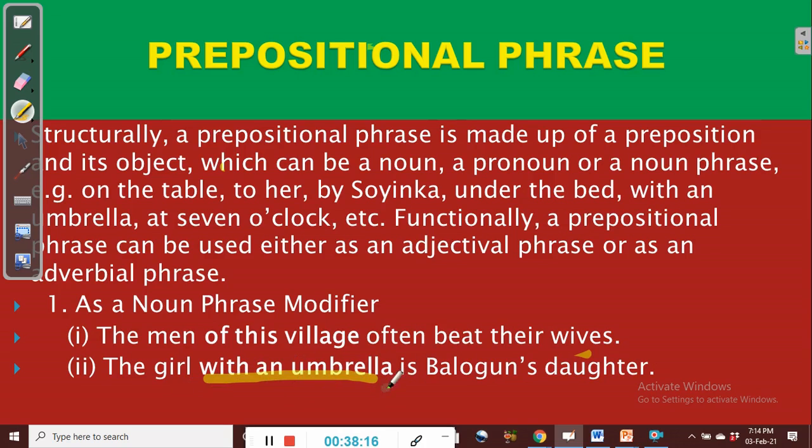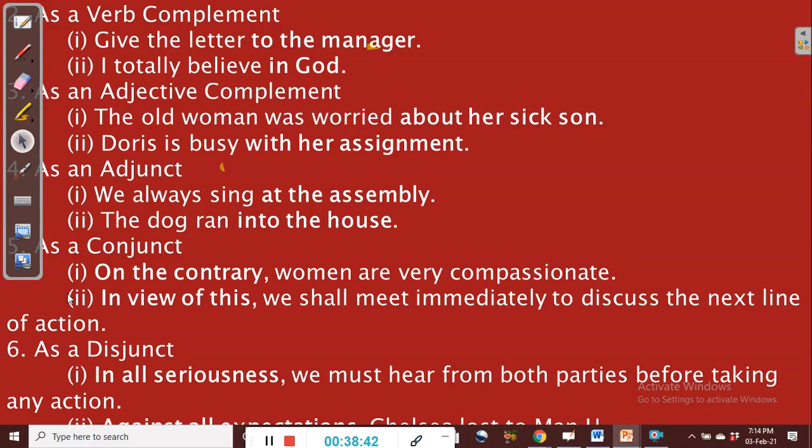So with an umbrella is a prepositional phrase, but here it is a noun phrase modifier, which means it is functioning as an adjective phrase, because it is only an adjective phrase that can modify a noun or a noun phrase. Okay, so we shall move on to see other prepositional phrases and their functions in English sentences.